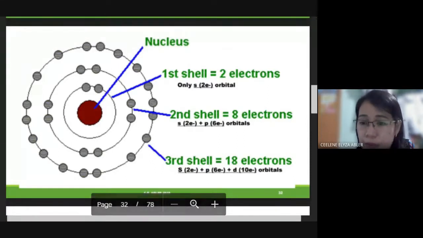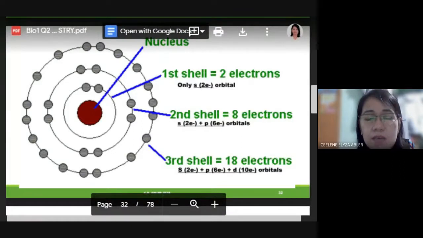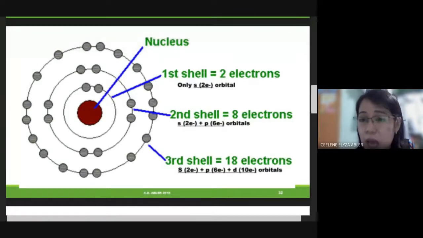If you remember still in your chemistry, the first shell only has 2 electrons. So it can only fill up the s orbital. So 2 electrons siya, s orbital lang. So you have the Aufbau filling principle, na magkabaliktaran ng mga arrows.